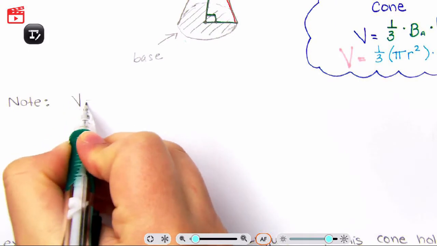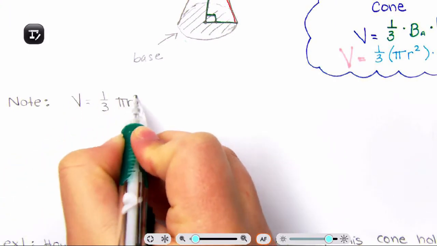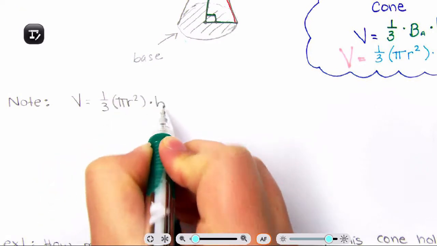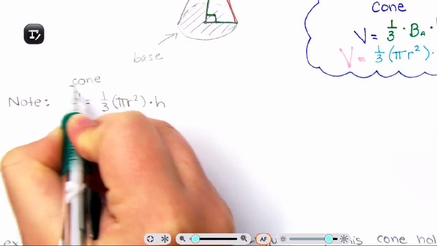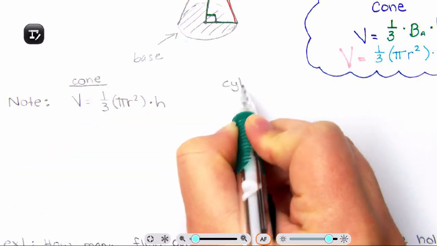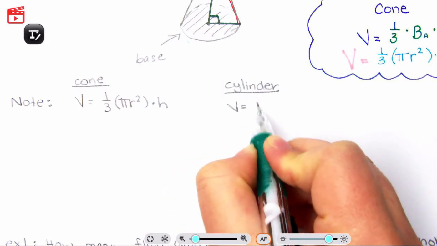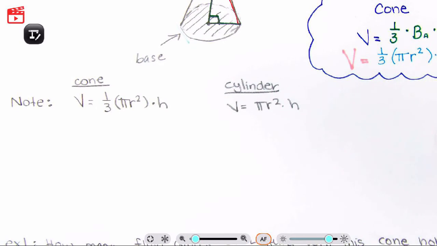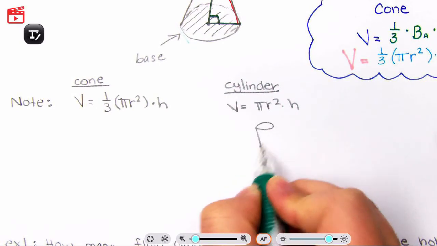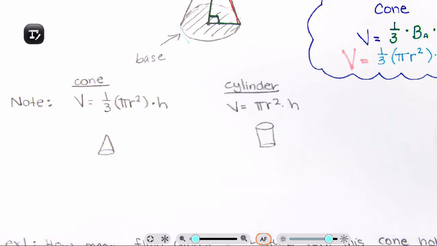This is your volume formula for your cone. This is your volume formula for your cylinder. So they're pretty much the same. A cylinder has a base that is a circle. A cone has a base that is a circle.